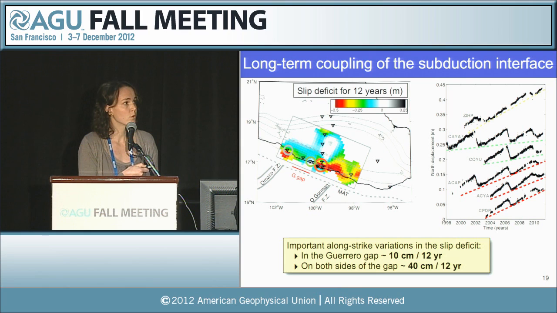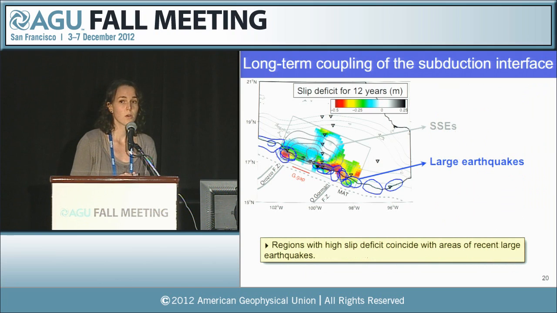And we see that for the two stations in the Guerrero Gap, the displacement toward the north is less important than for stations located on both sides, which means that we have less strain accumulation for these stations compared to the adjacent stations. So we can now compare this slip deficit model with the location of earthquakes and slow slip events.